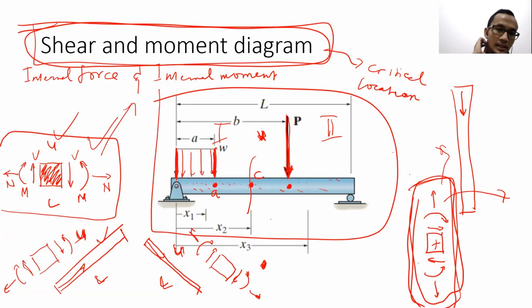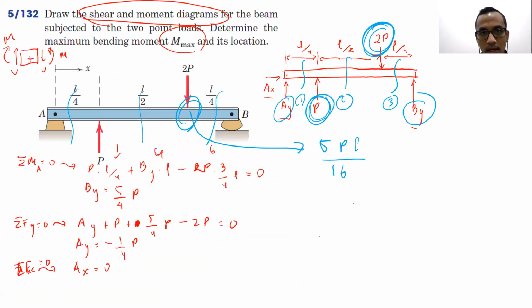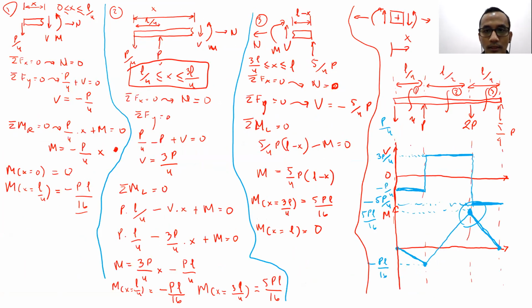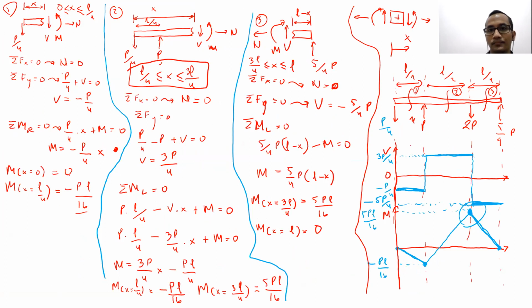This is the discussion on the internal force and moment diagram. Yesterday I already started the discussion on this and how to create the internal force diagram and moment diagram.